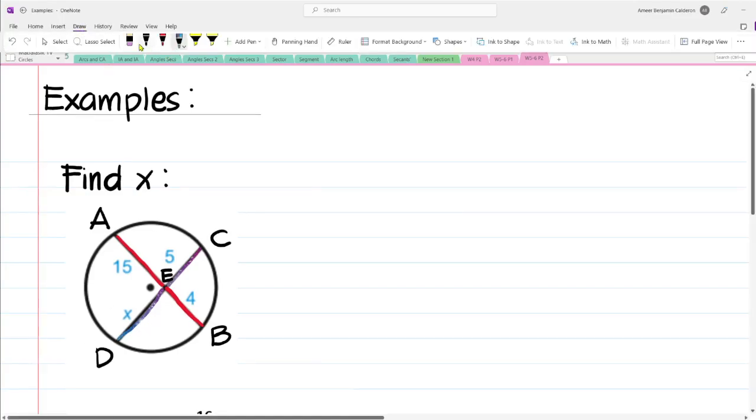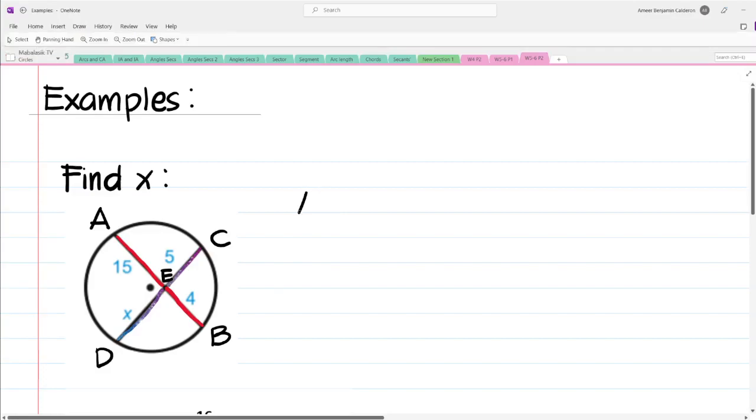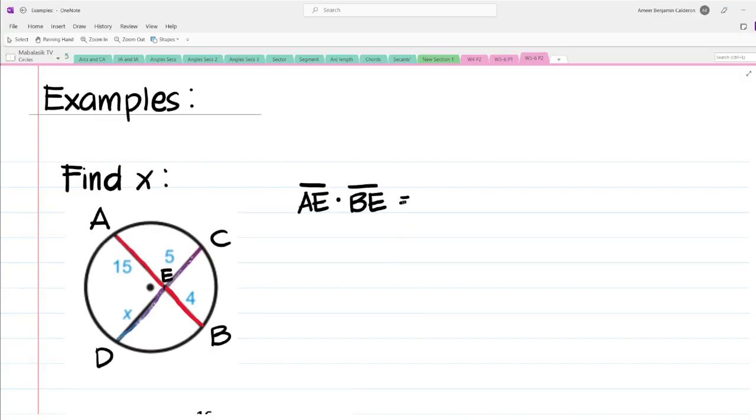Now, according to the concept, the product of the measures of the segments of one chord is equal to the product of the measures of the segments of the other chord. Hence, we have segment AE times segment BE is equal to segment CE times segment DE.